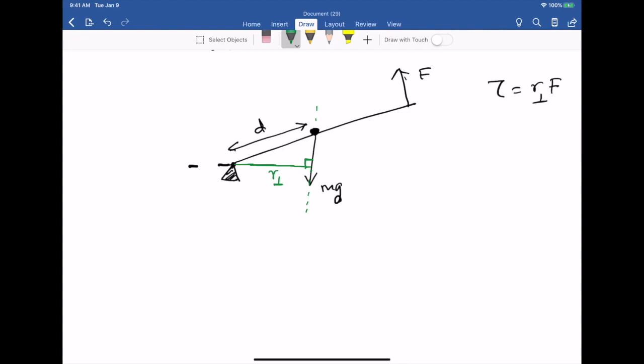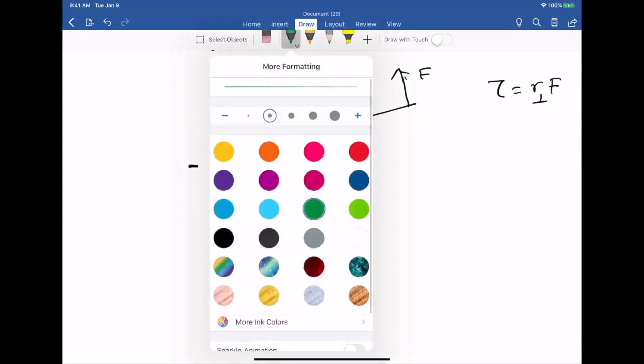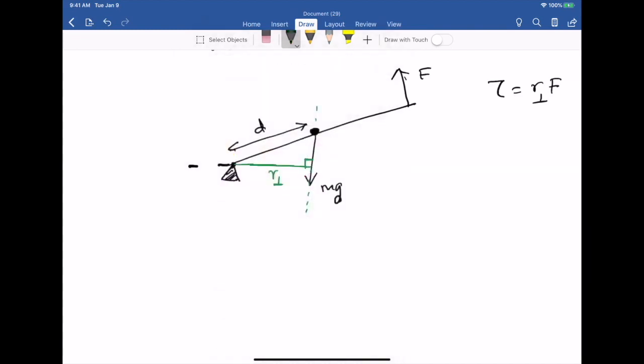Do we know what the length of our perpendicular is? We're given the d, but we really don't know what our perpendicular is. We can find it using SOHCAHTOA, but if you need to do SOHCAHTOA, then you might as well just use the other formula because that's already trig ready. So the other formula for torque is R F sine theta.